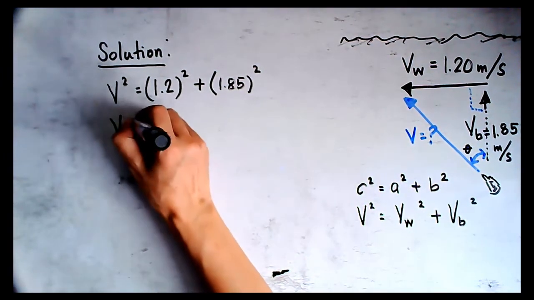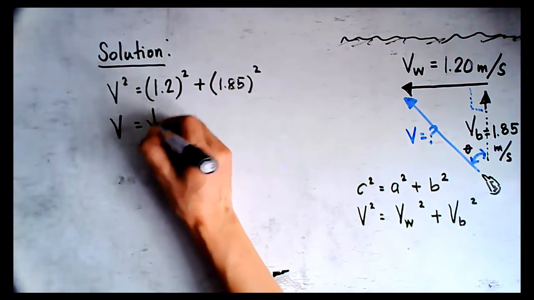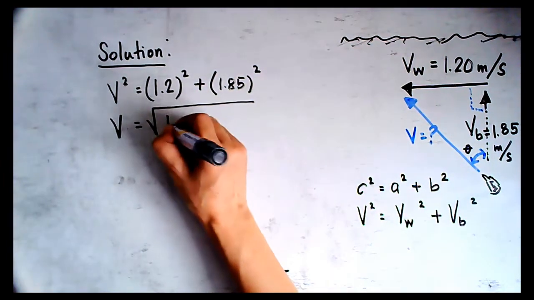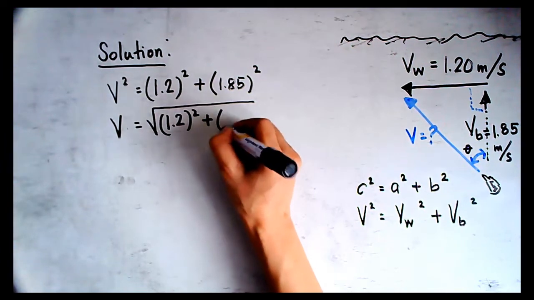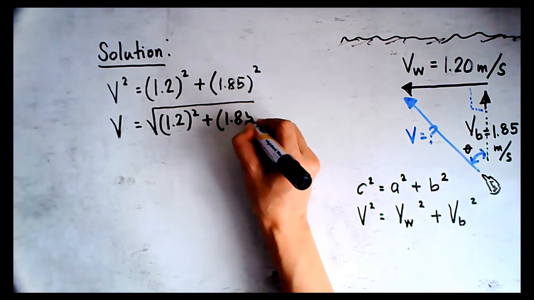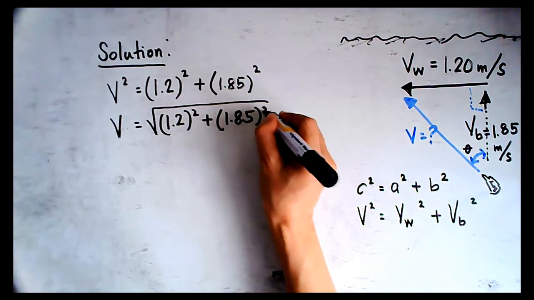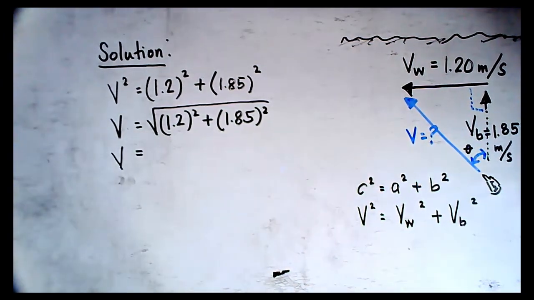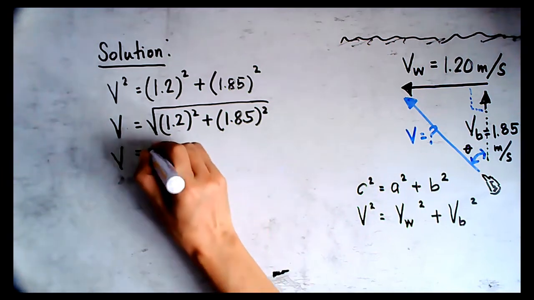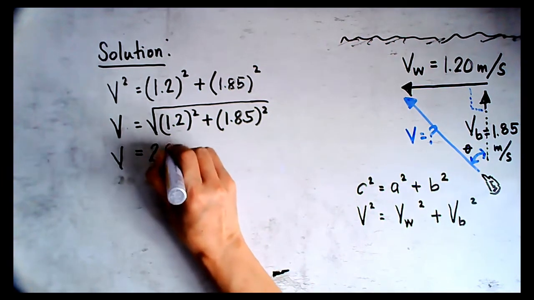We will be able to determine the value of the velocity. The square root of 1.2 squared plus 1.85 squared. So we have the velocity now, which by calculation is 2.21.